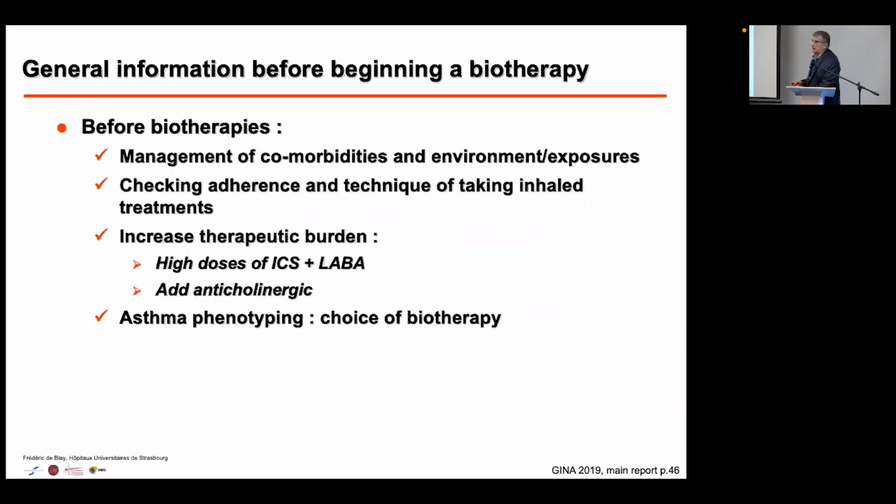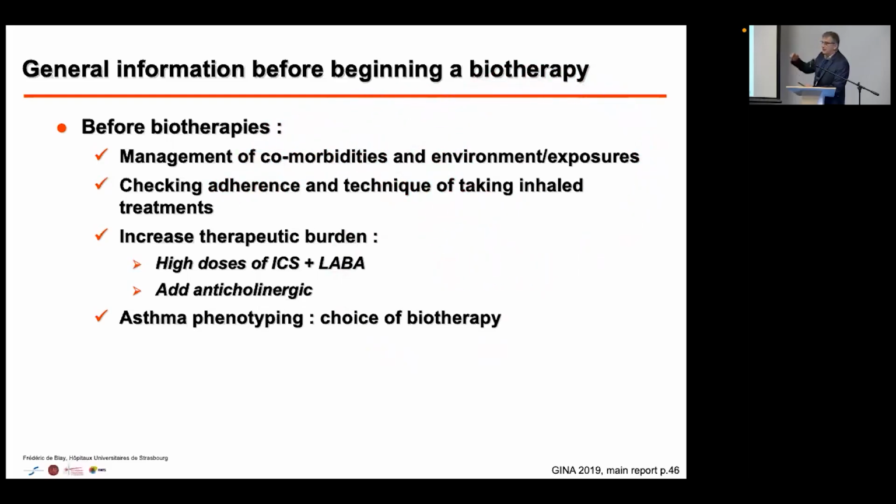So I'm not going to show you all the studies, because Nucala is available. I'm sure you have already seen all the studies about biotherapy. I wanted just to underline different points when you're using biotherapy. Before biotherapy, you need to manage the comorbidity and the environmental exposure.